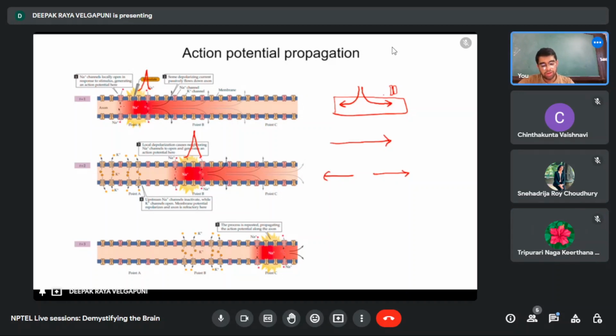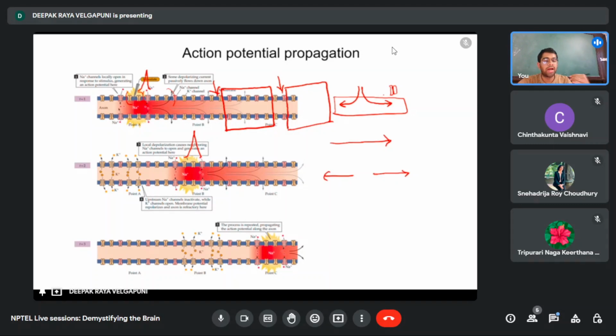Now, what if you have insulation at some points on this? So you have some insulation at this point and another insulation, and in between there is a gap. What happens is the current quickly propagates, and instead of generating an action potential at every sublocation as the current passes, it just generates at these nodes.